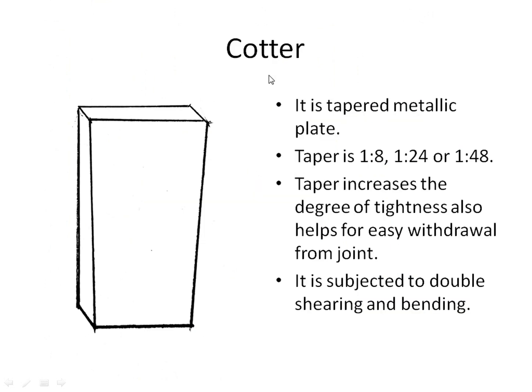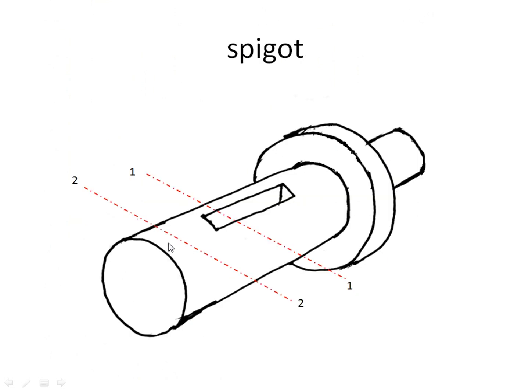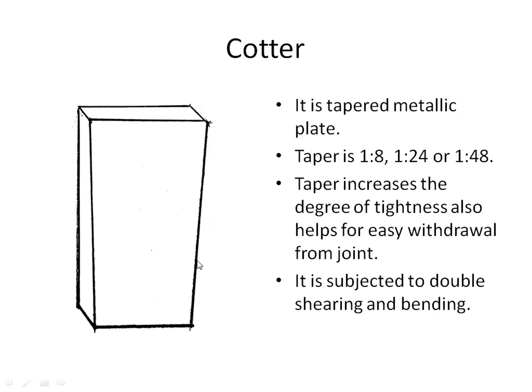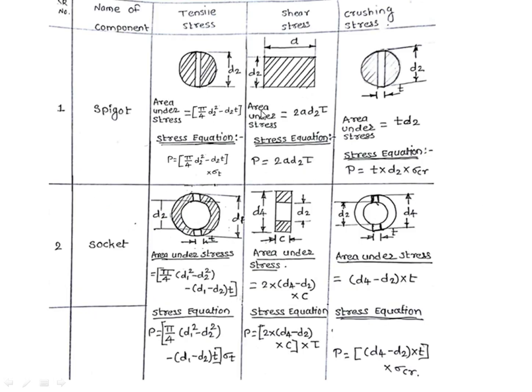Next, shear stress. The shear stress acts on the portion that is from end of slot to the end of spigot, which is indicated by a letter small a, and it acts throughout the height of spigot, that is diameter of spigot. Therefore, the area under stress will be 2a into d2. This tau I have written by mistake over here.